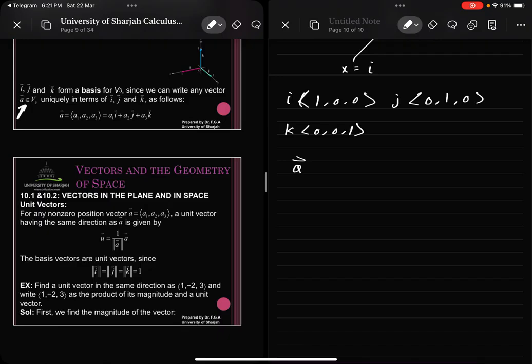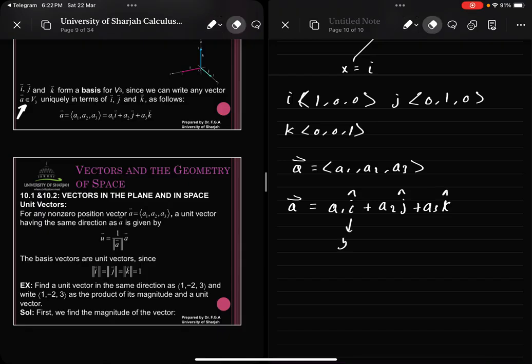If we have vector A with components A1, A2, and A3, it will be A1 with I, A2 with J, and A3 with K. Here it is for X, for Y, and for Z.